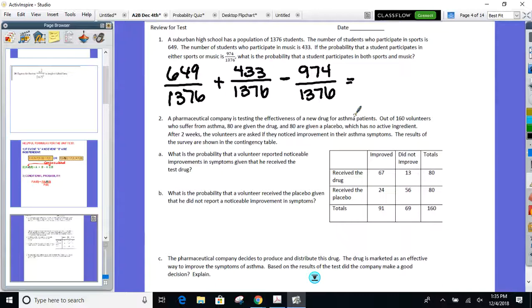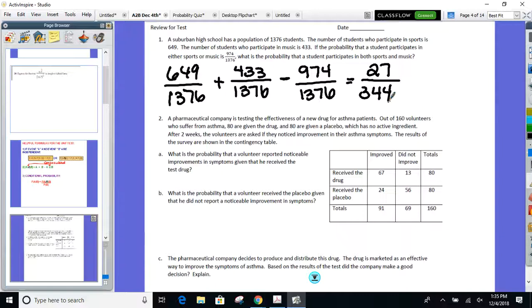And what do we end up getting there? 27. Yeah, that's what I got. Just making sure.